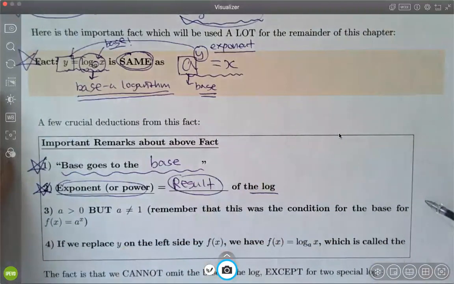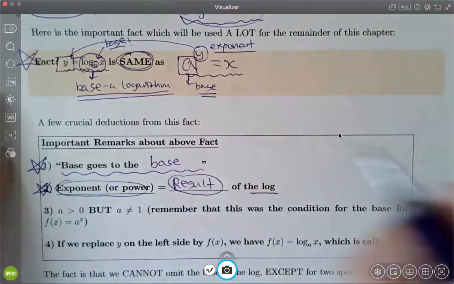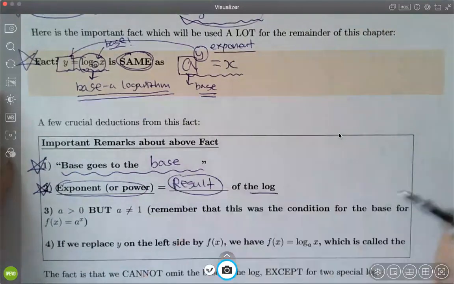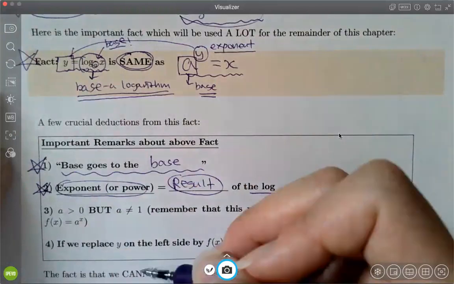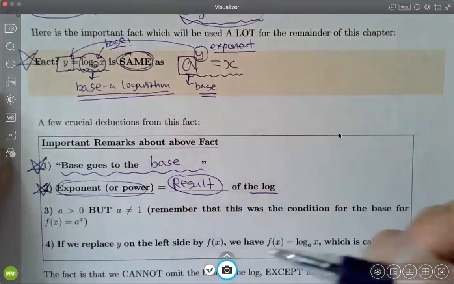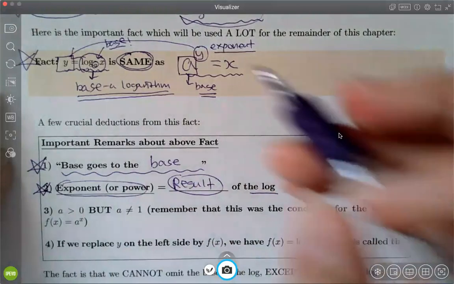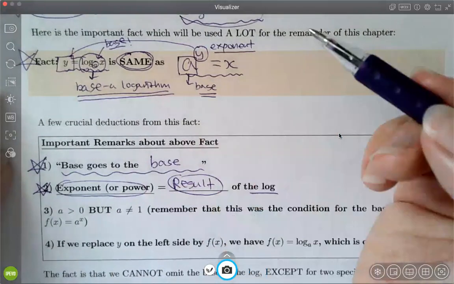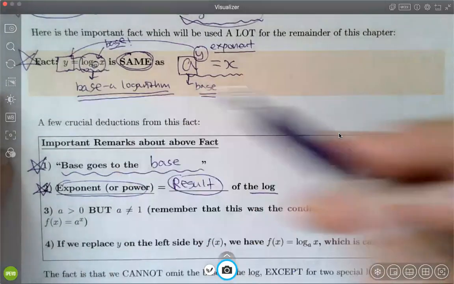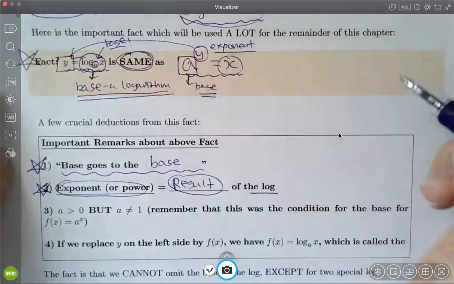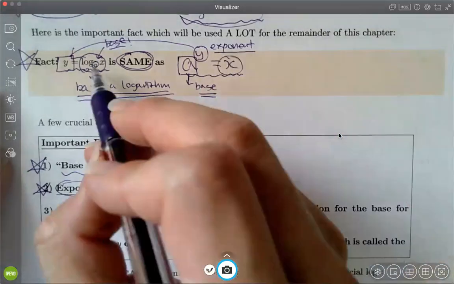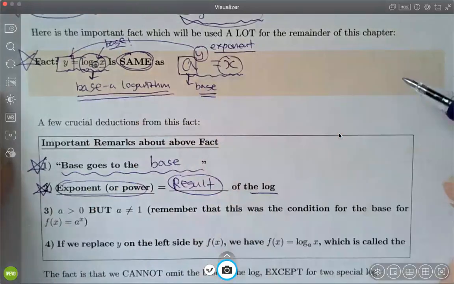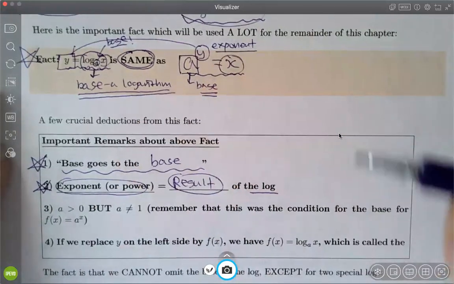Base goes to the base, that's pretty easy, and the result of the log becomes the exponent. Once you identify the base and the exponent and see where they have to go, you can see the remaining thing, which is x, has to go right here. So identify the base and then the exponent, and then everything will follow.